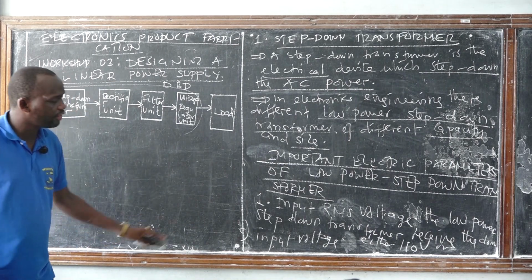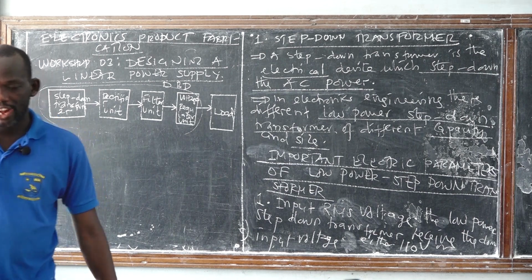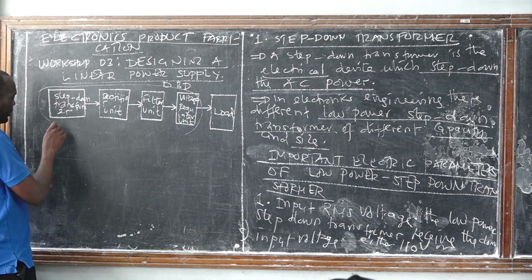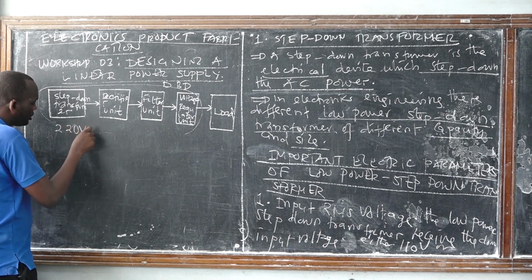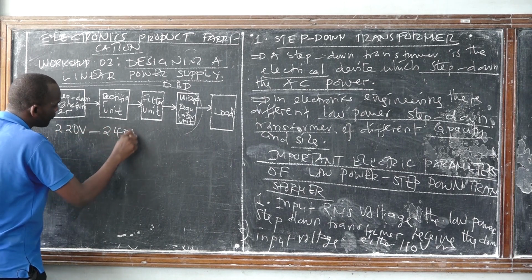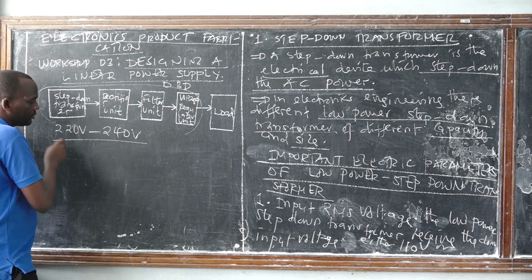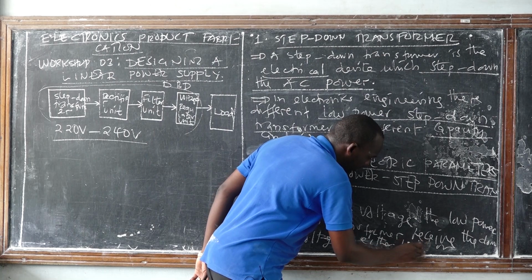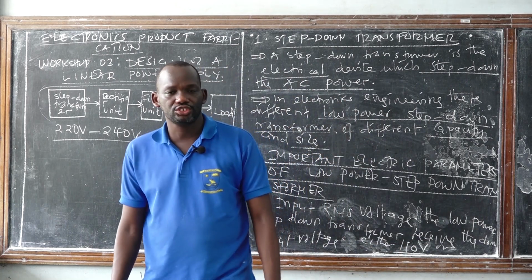So the input voltage might be either 110 volt or 220 volt to 240 volt. These different input voltages depend on the domestic root mean square voltage.